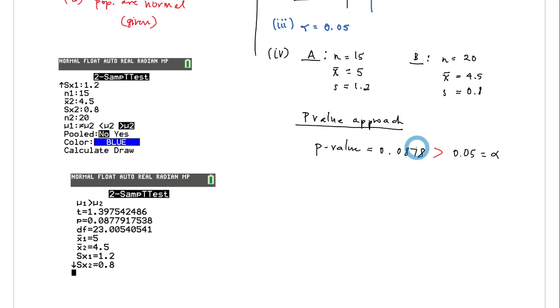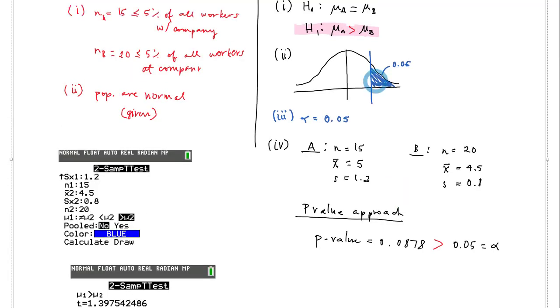And so because the p-value is larger than the alpha, that means the area, which is in red, is bigger, right? That means the probability that I take another two samples from each of these companies and get the same results is highly likely.